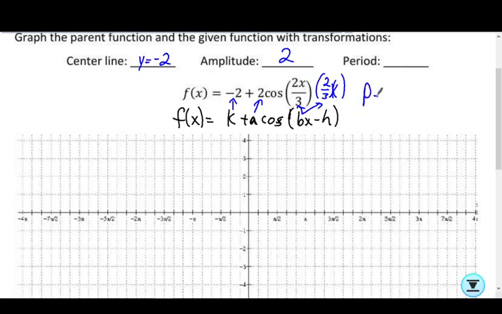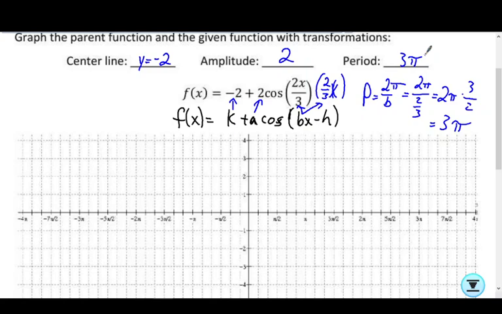So we use the period equation, which is 2 pi over b. So we get 2 pi over 2/3, which is the same thing as 2 pi times 3 over 2, which means my new period is 3 pi.